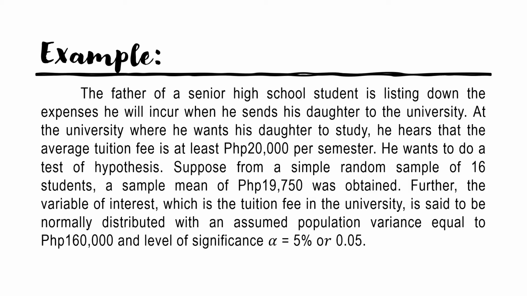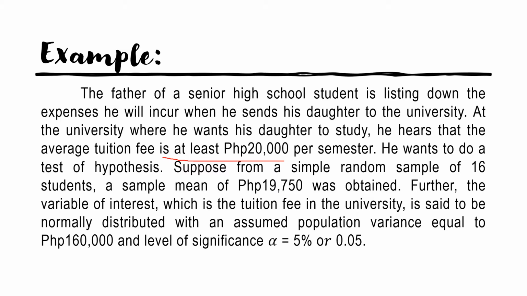At the university where he wants his daughter to study, he hears that the average tuition fee is at least 20,000 pesos per semester. So we need to take note of this, is at least 20,000 pesos per semester.